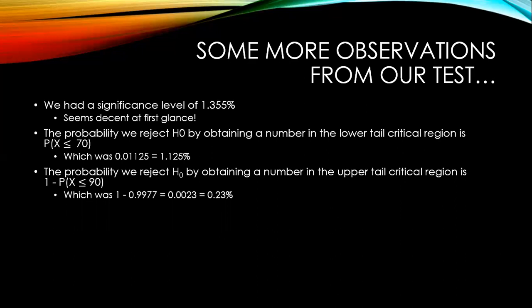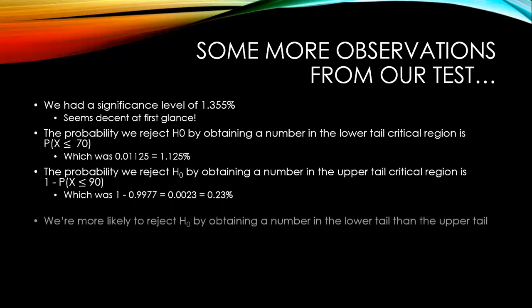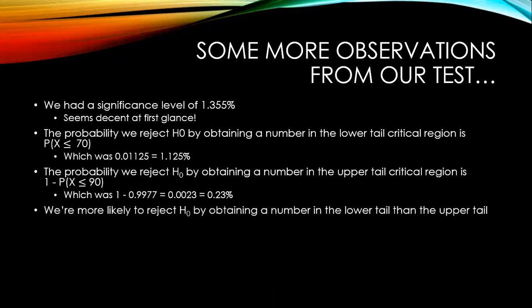So that was 1 minus 0.9977, which was 0.23%. So what is this telling us? It tells us that we're more likely to reject H naught by obtaining a number in the lower tail of the critical region compared with the upper tail critical region.